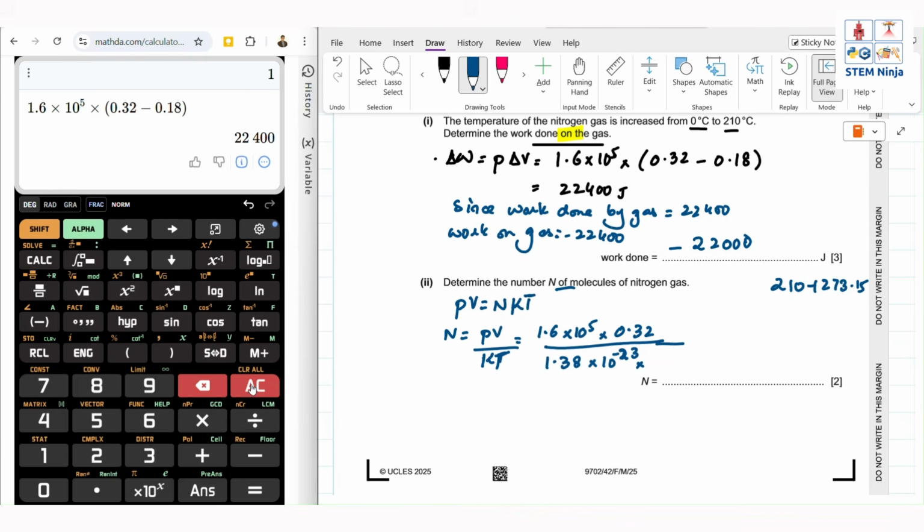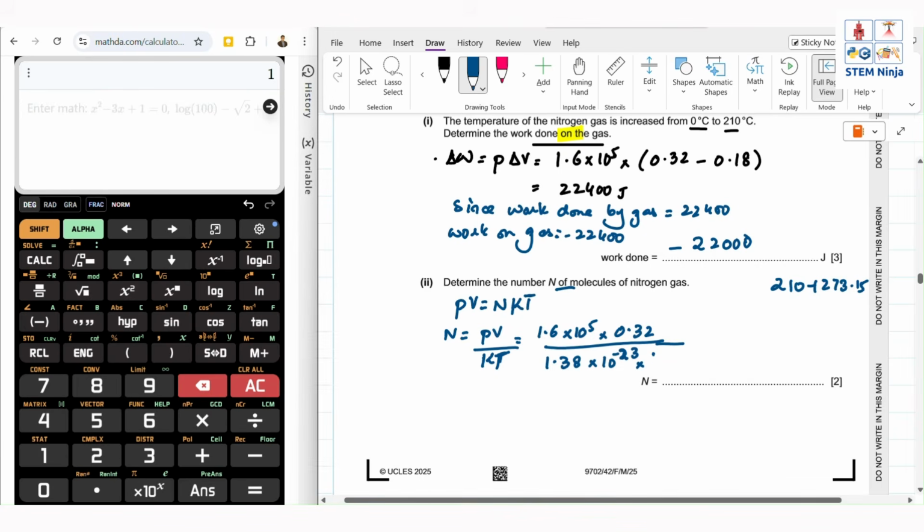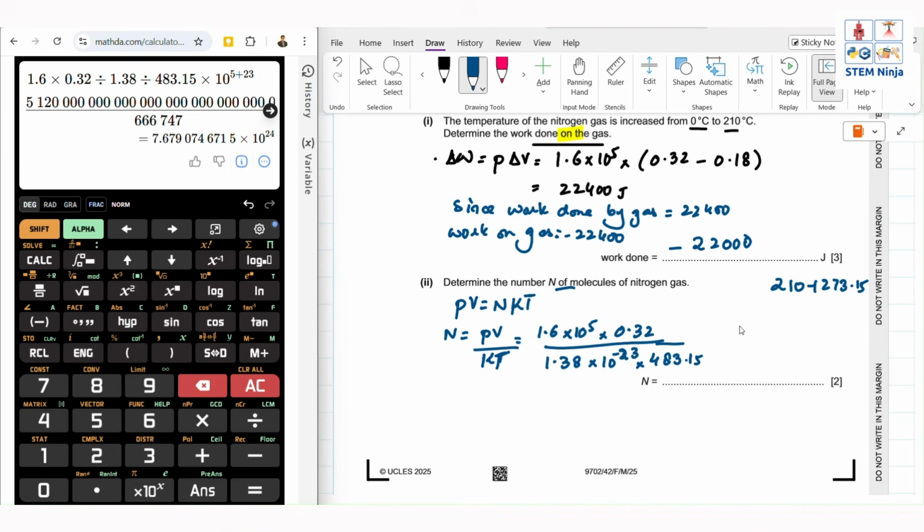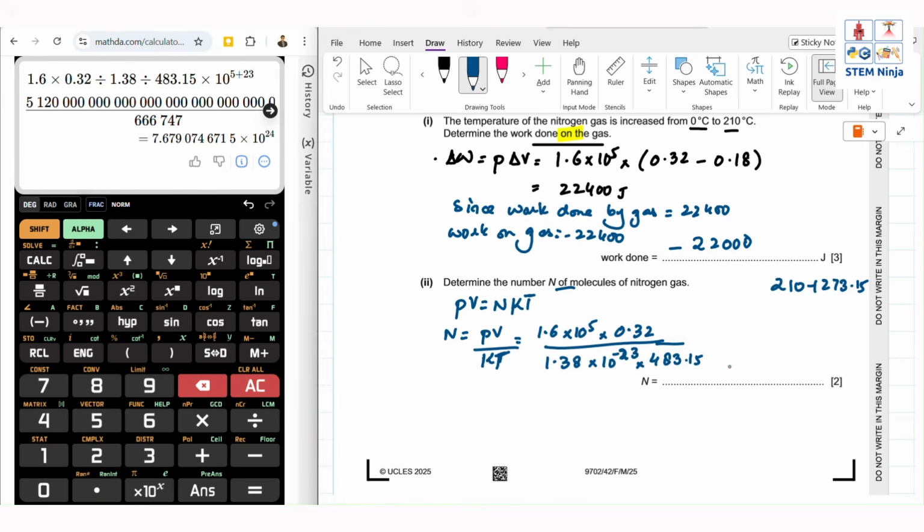So this would be 483.15. Okay, so this we can do. So 1.6 times by 0.32 divided by 1.38 divided by 483.15 times by 10 raised to power 5 plus 23, we get 7.69 or 7.7, whatever we want to call it. So 7.7 times 10 raised to power 24.